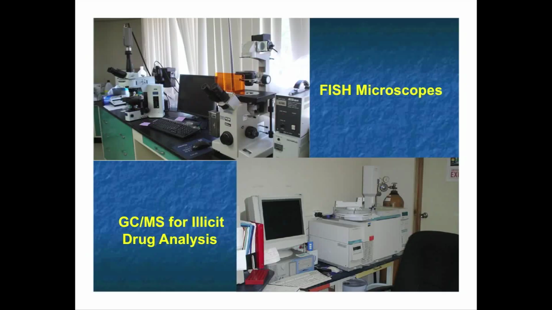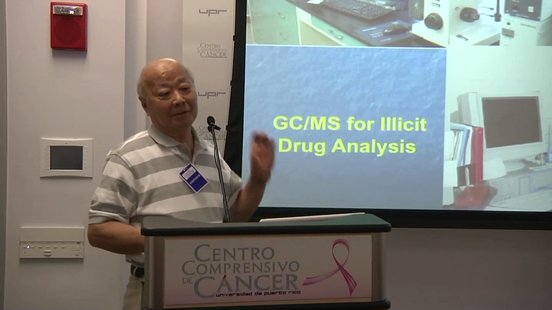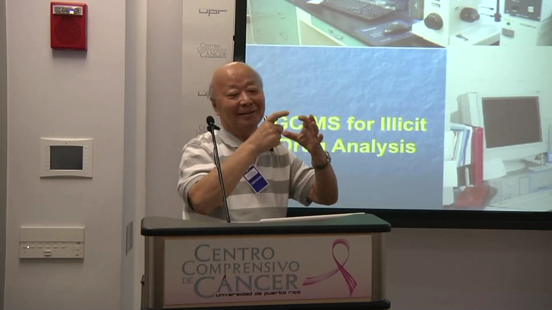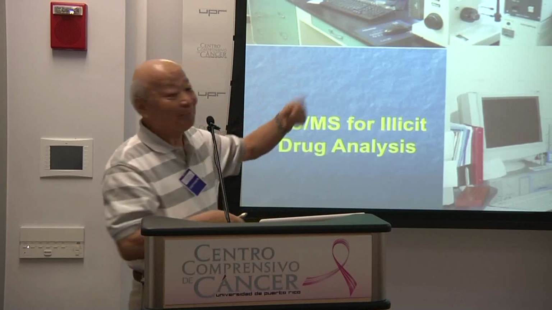So we also have fish microscopes, one upright and one inverted. We just upgraded the camera, so now we have a much higher power digital camera which we can swap back and forth.